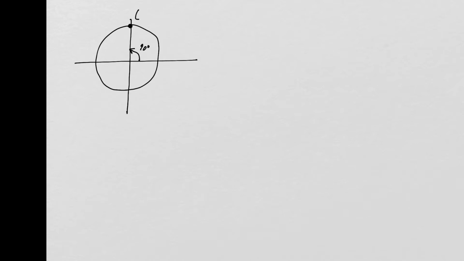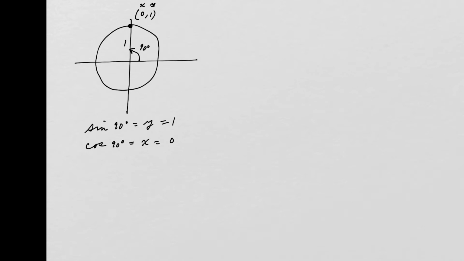And remember the radius is 1 here. So that point is going to be 0, 1. The x is 0, the y is 1. That means the sine of 90, which is equal to the y, is equal to 1. And then cosine of 90 is equal to x, so that's equal to 0.